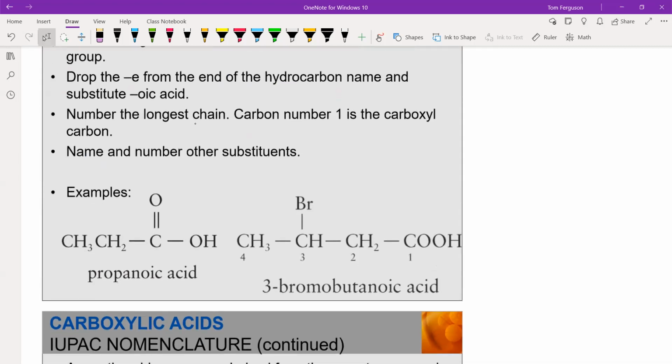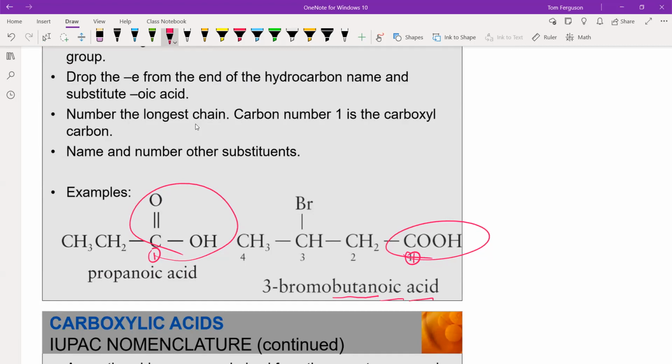Okay, so naming an acid. That's the functional group. That will always be carbon number 1. And then we're going to name it like we've been naming all along. 4 carbons, buta, and it's an oic acid.